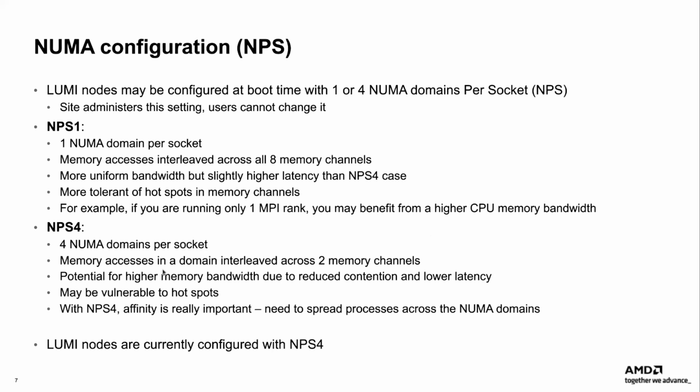And so memory accesses in a domain are interleaved across only 2 memory channels. There is a potential for higher memory bandwidth because there is reduced contention and lower latency. But we may be vulnerable to hotspots unless we have all the processes spread across all the NUMA domains and all of them do a similar amount of work. Then it is a good case. Otherwise, it may not be so ideal, right?